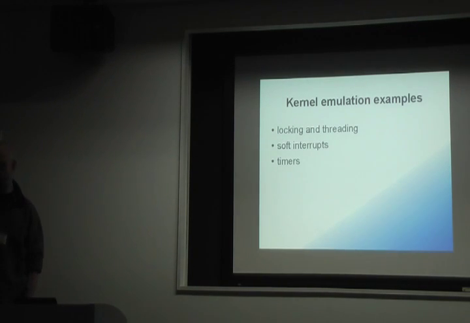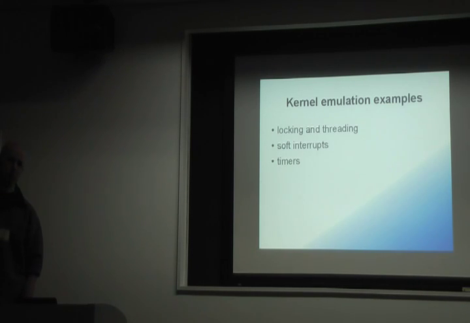So, locking and threading. The network stack depends on locking somewhat, and as it turns out, we already have a locking interface in userspace. It's just called pthread mutex instead of your kernel interface name, but otherwise it does exactly the same thing.